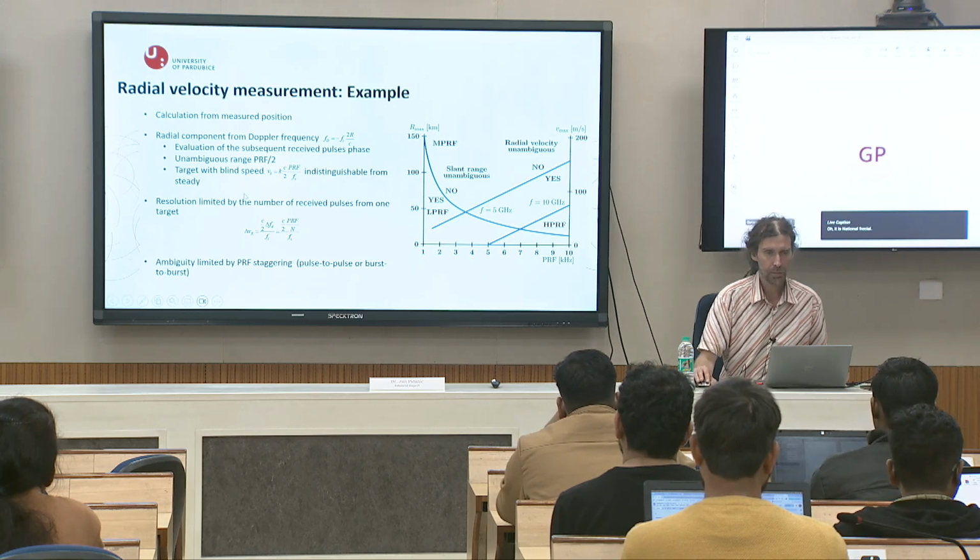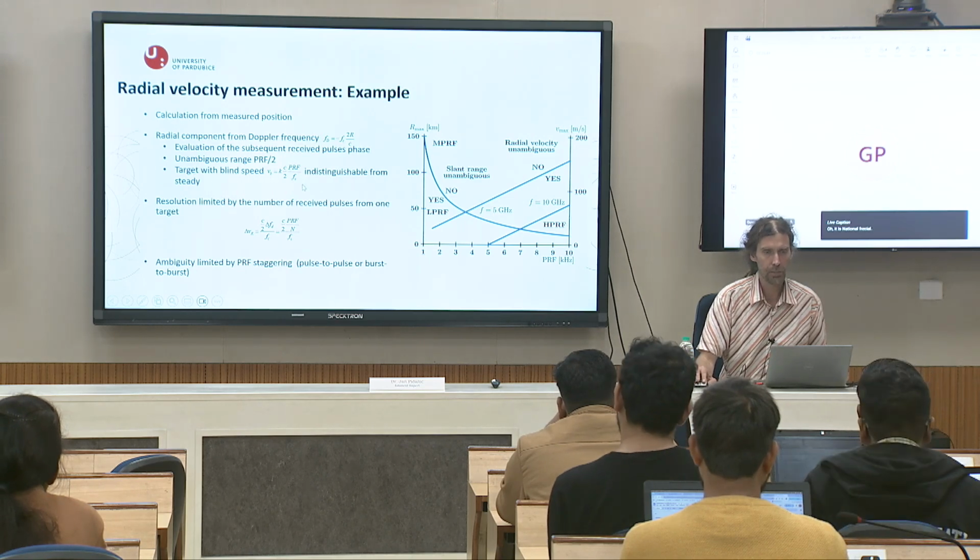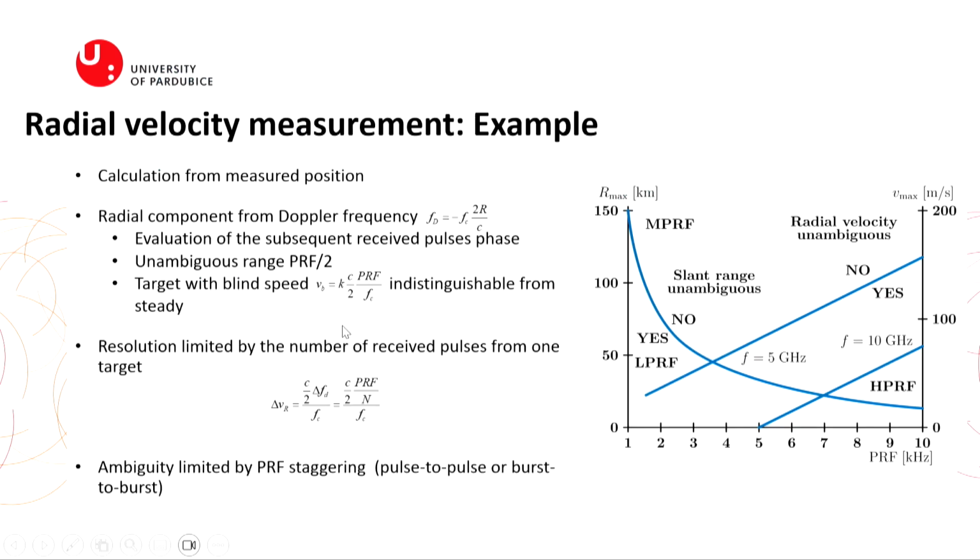Blind speeds mean that a target with blind speed, this one, where k is an integer number, 1, 2, 3, 4, 5, is the multiplication k multiplied by c divided by 2, where c is constant because it is the speed of light, PRF, pulse repetition frequency, and carrier frequency.